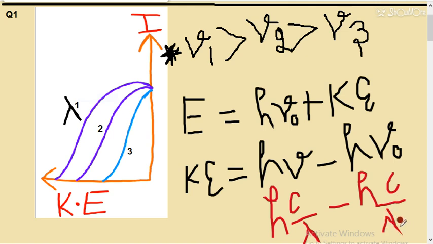So this term is again constant, this is a work function, and this is changing, this is the incident energy.